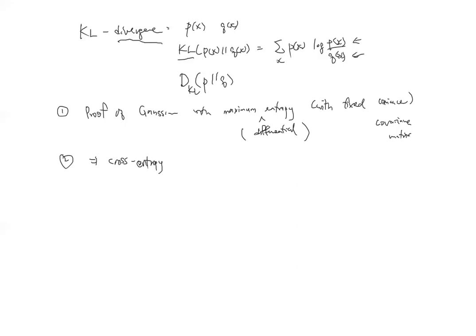But in machine learning, this is a very popular terminology that you will encounter very often, so I think I should mention it. Why do we have cross-entropy? How did that come up?